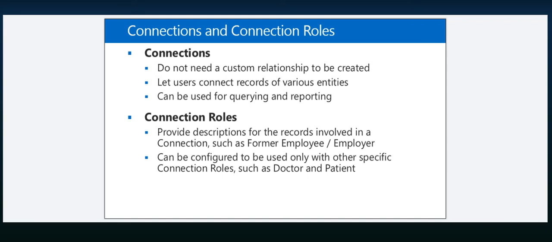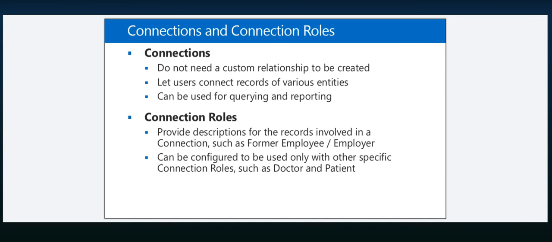So connections and connection roles. You do not need a custom relationship to create these. What it does is connect any entity or any record to another record of any kind, doesn't matter which type, for a specific role, and that's where the connection roles come in.